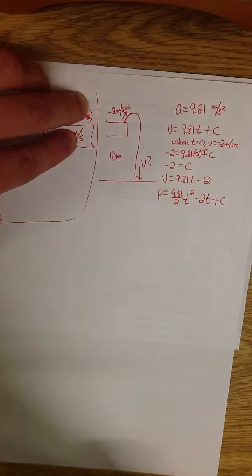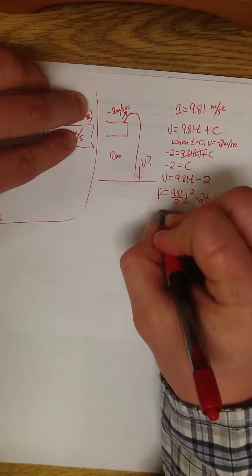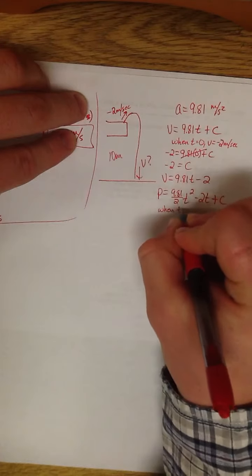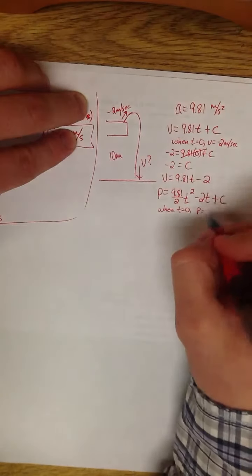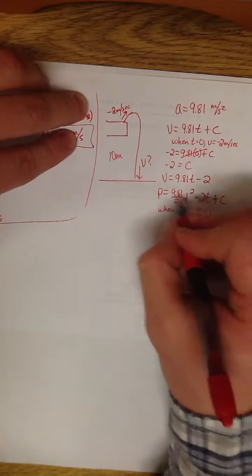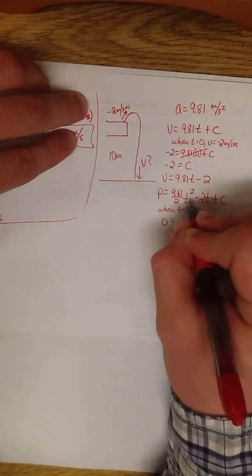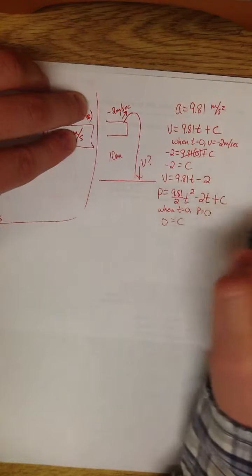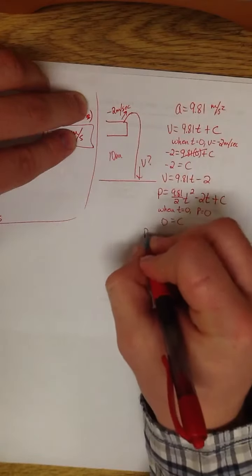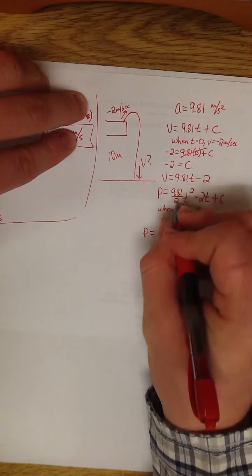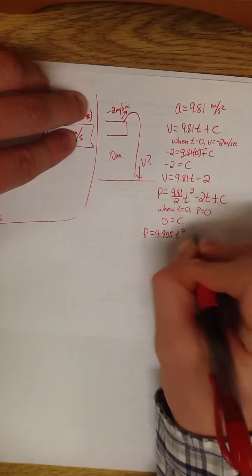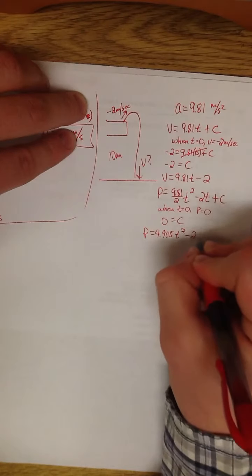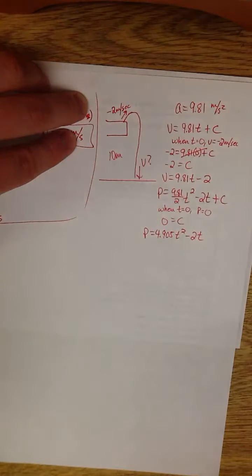And so here we go again. When t equals 0, what's my position? My position, well, when t equals 0, my position is still 0. So 0 equals 0 minus 0 plus c. c equals 0 again on this one. So my position function is 9.81 divided by 2, so 4.905 t squared minus 2t, and c is 0.